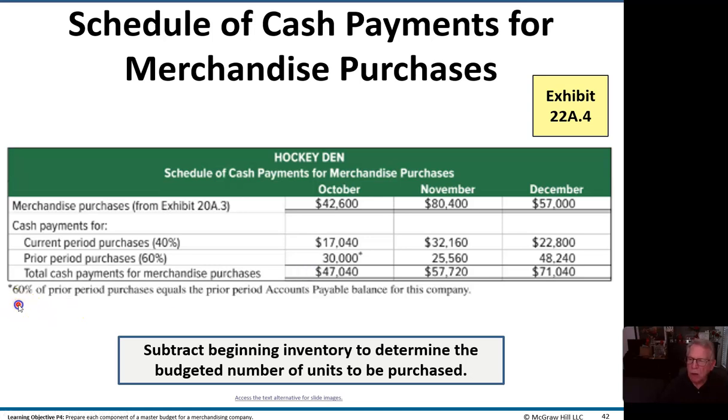And as it says here in this footnote, 60% of prior period purchases equal the prior period accounts payable balance for this company. So we're going to subtract the beginning inventory to determine the budgeted number of units to be produced, or to be purchased, I should say.